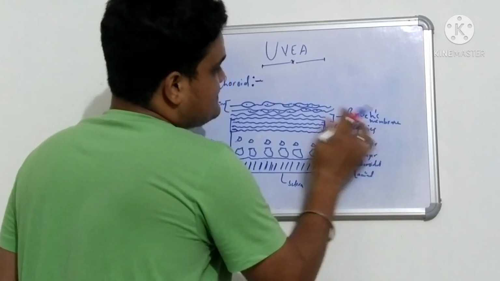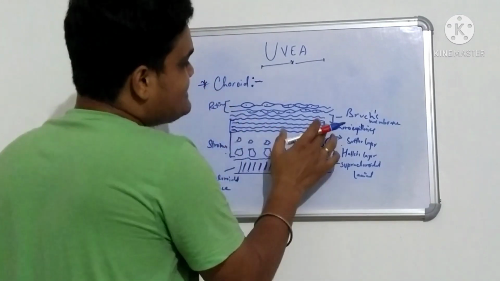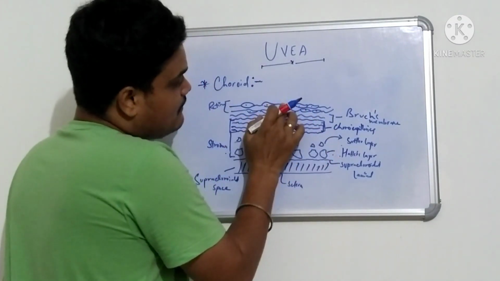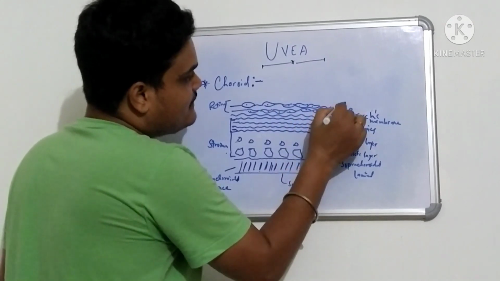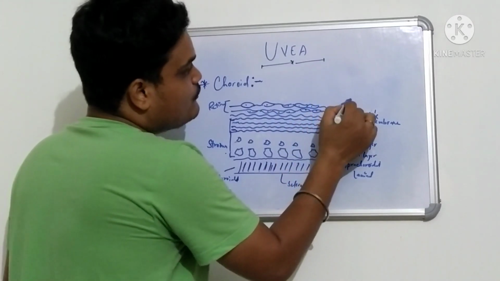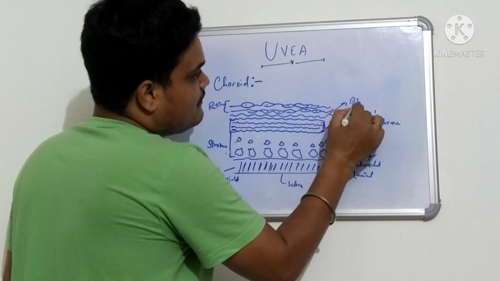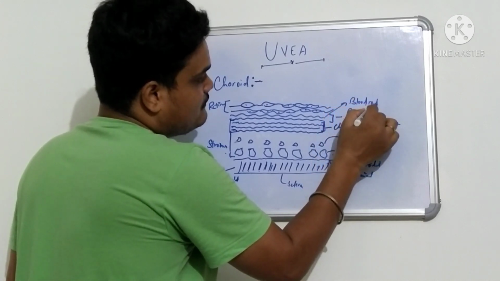So Bruch's membrane is the only layer which separates the retina from the choroid, and this particular Bruch's membrane is also known as the blood retinal barrier.